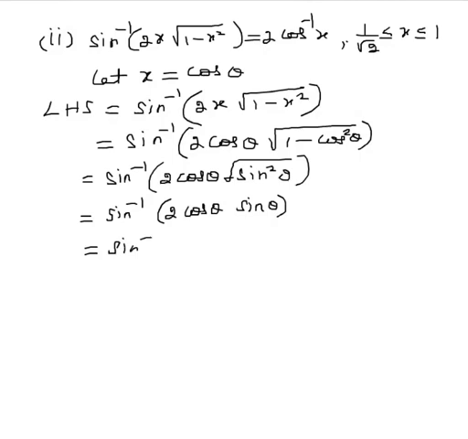Now this is sine inverse of sine 2 theta formula. Now sine inverse and sine could be cancelled only when 2 theta is in the principal value branch.